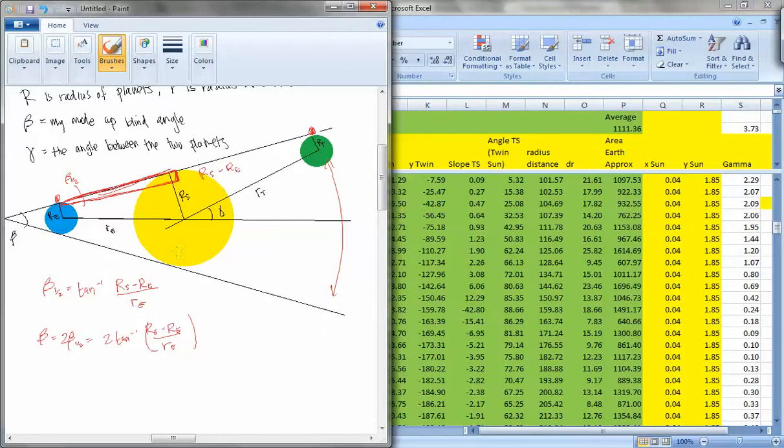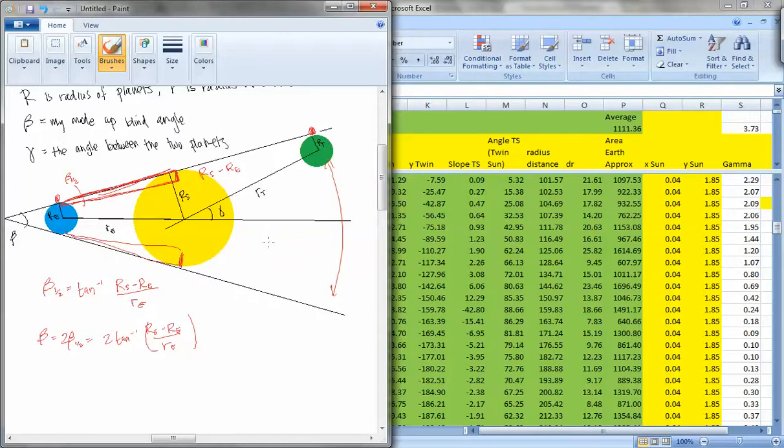In order to figure out beta, or half of beta at least, the tangent of beta is equal to the height over the adjacent, the opposite over adjacent. And beta is actually 2 of them because you have 2 such triangles.